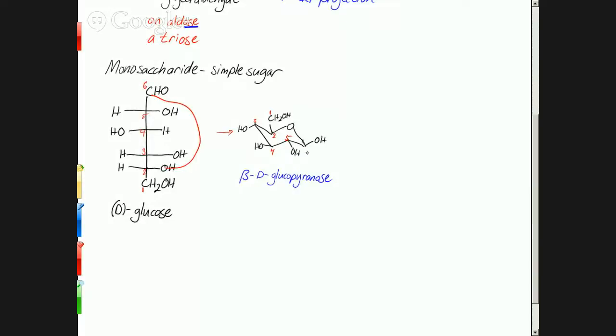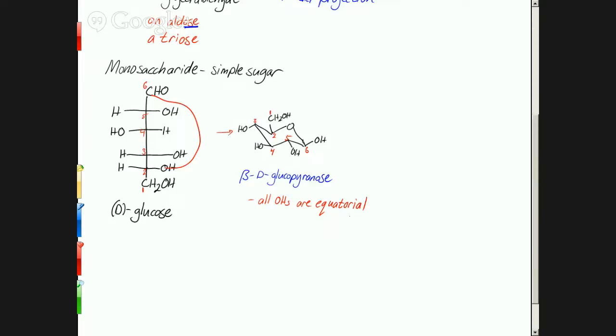And then the aldehyde carbon ends up being this carbon over here, known as the anomeric carbon. That has some special properties with the sugar chemistry that we won't really get into. But there are a couple forms that this can take, but this is the most common, most stable form. One thing you'll notice is that in this beta D glucopyranose, all OHs are equatorial.